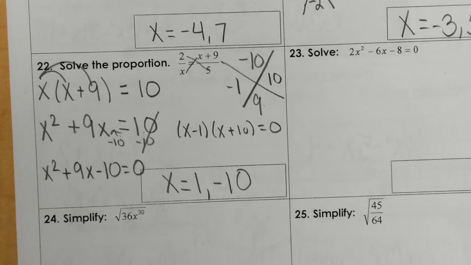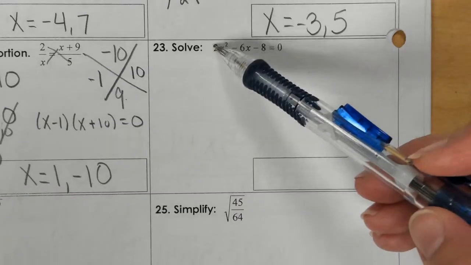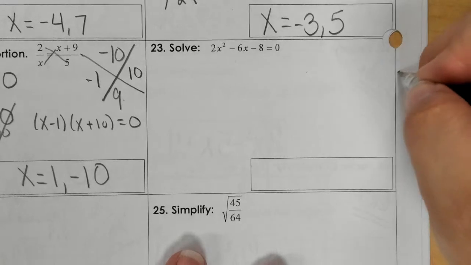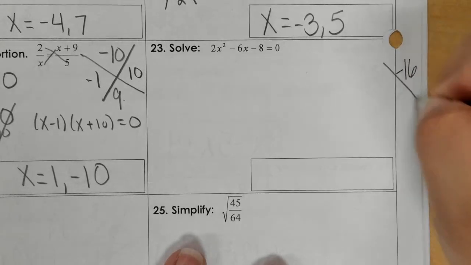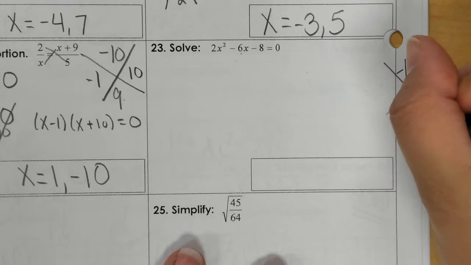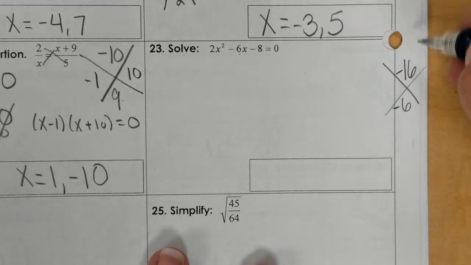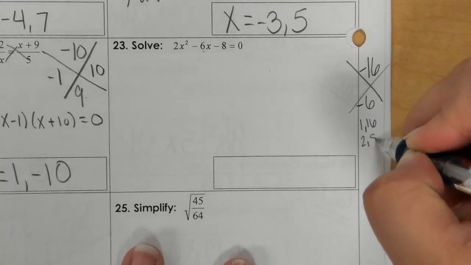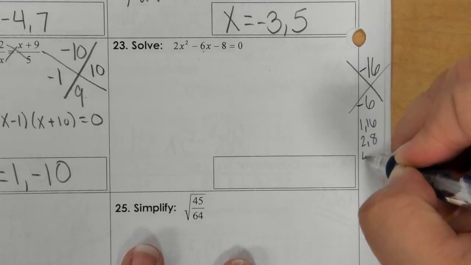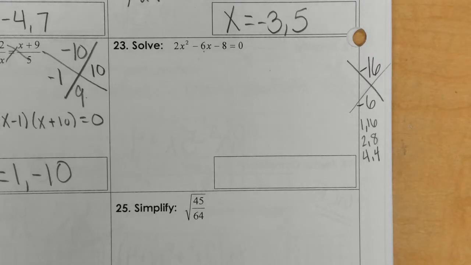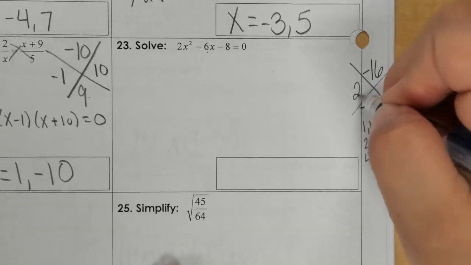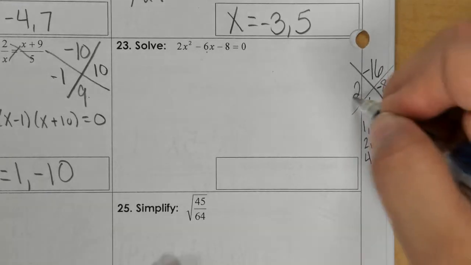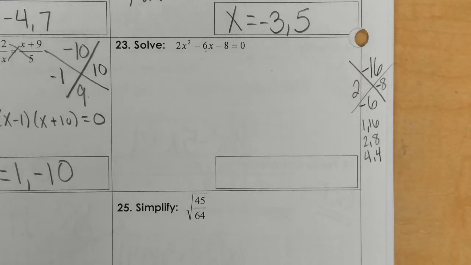Okay, for 23, we try x factor, bottoms up. So 2 times negative 8 is negative 16. And we're trying to get to negative 6. The factors of 16: 1 and 16, 2 and 8, 4 and 4. Can we get to negative 6? Yes, we could use 2 and 8, where 2 minus 8 is negative 6.